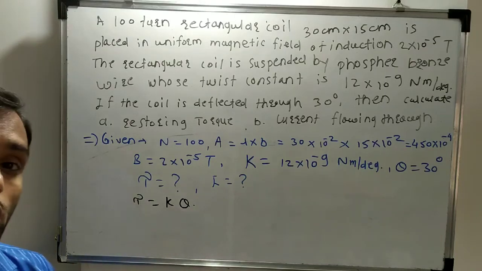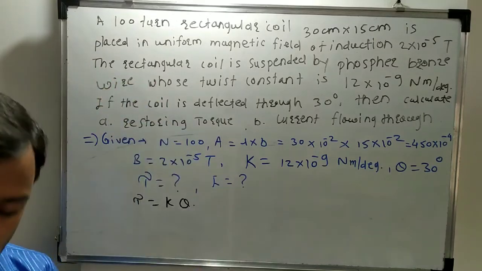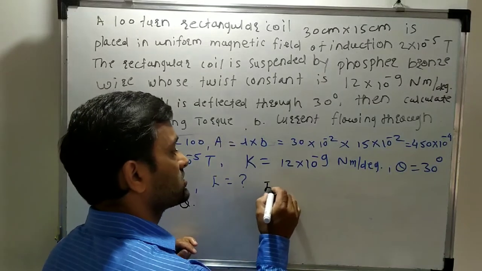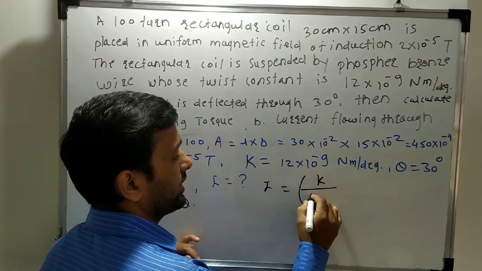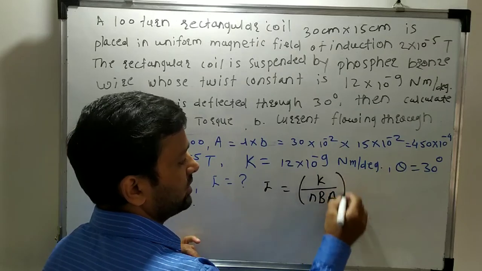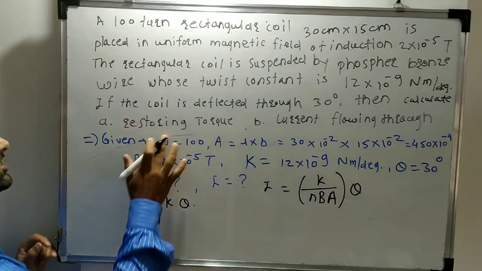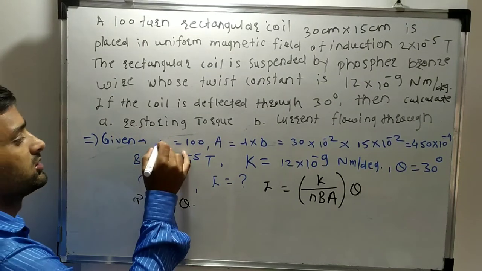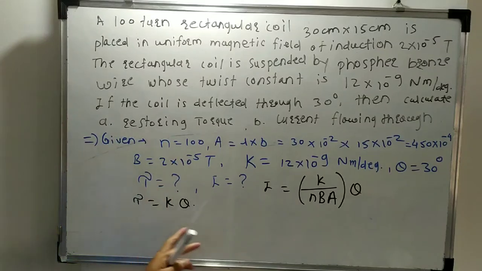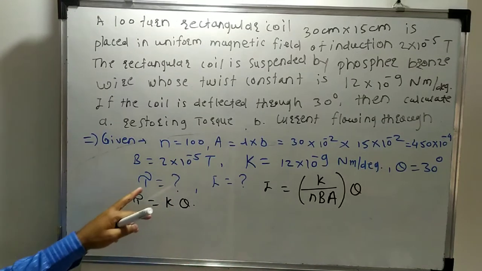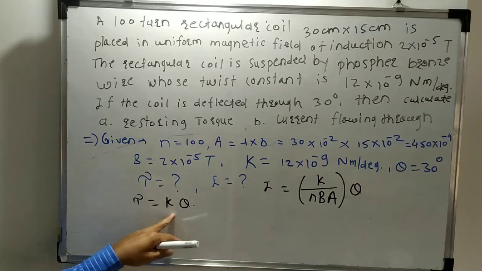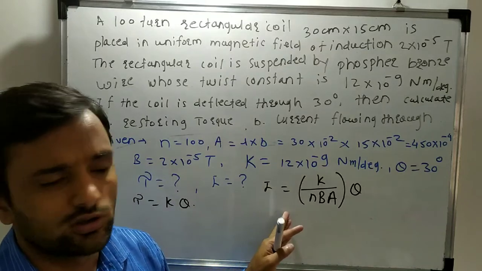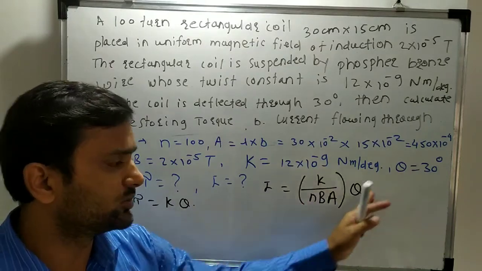From the equation of moving coil galvanometer, the last equation for the current and the deflection, we can write I is equal to K theta upon N B A. Here the number of turns is given as 100. So we have two different formulas. For determining the restoring torque, we have torque equals K theta, while to determine the value of current, we have the formula I equals K theta upon N B A.